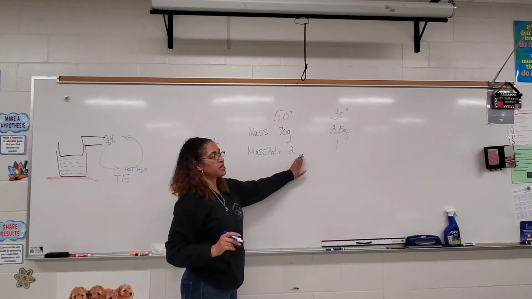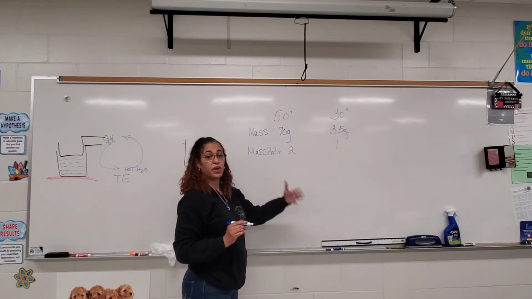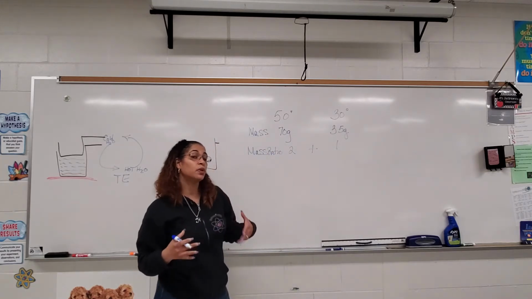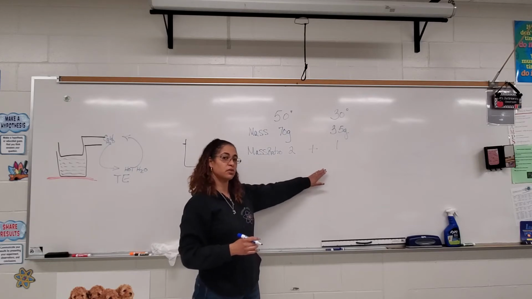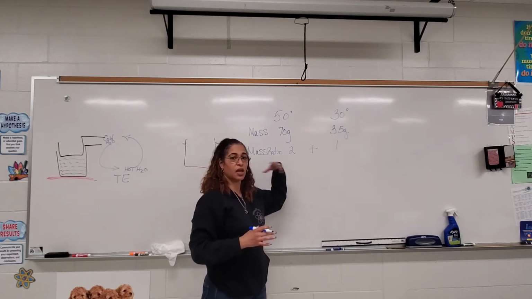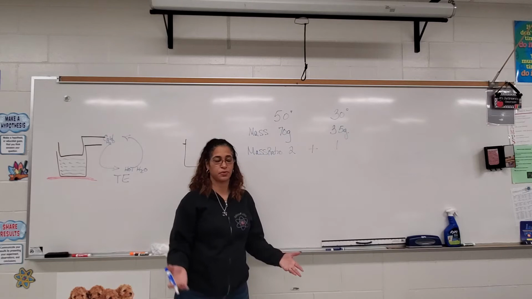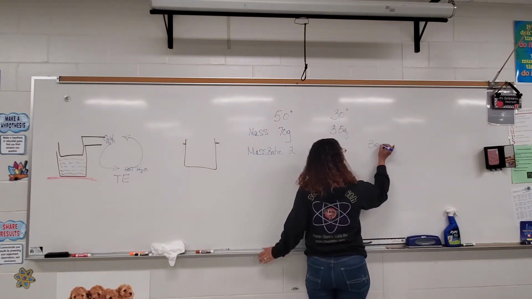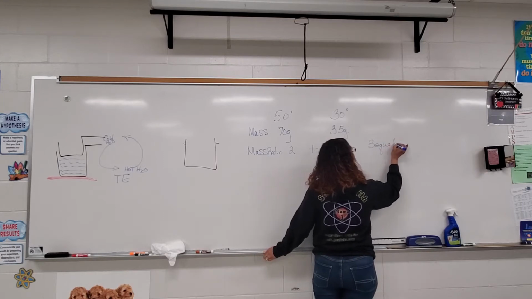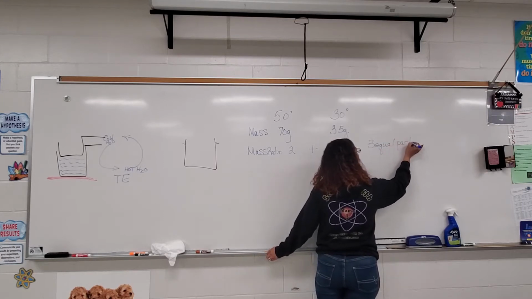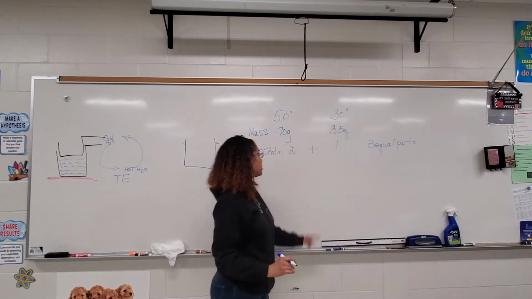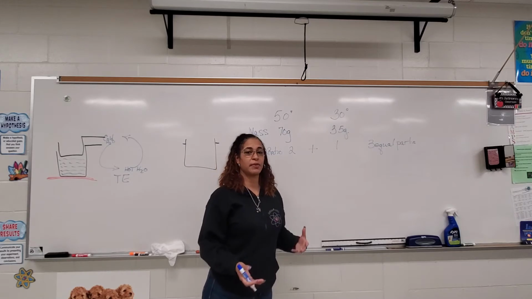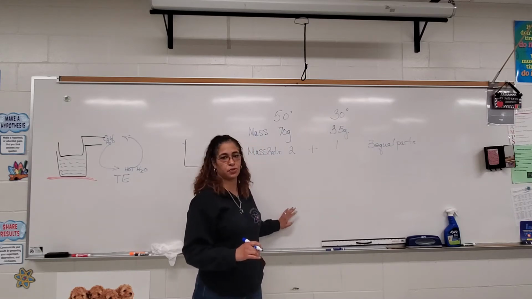If the mass ratio is 2 to 1, what we can do is add the mass ratio, and it will give us the total parts of the substance that are contributing to the final temperature. So 2 plus 1 equals 3 equal parts. And what this tells us is there are 3 equal parts, of 70 and 35 grams, that are going to contribute to the final temperature.